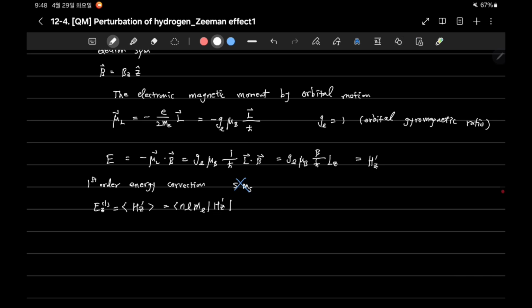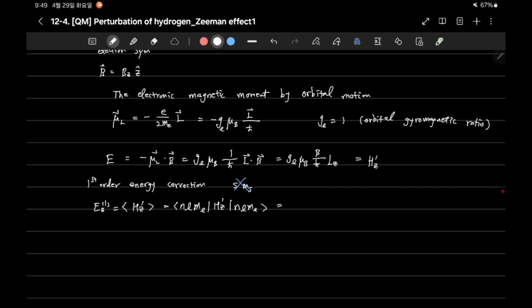The expectation of H_Z prime in the basis n l m_l should be diagonalized. It makes a matrix, and this matrix should be diagonal, so the basis is identical. It means that it is a diagonalized Hamiltonian.